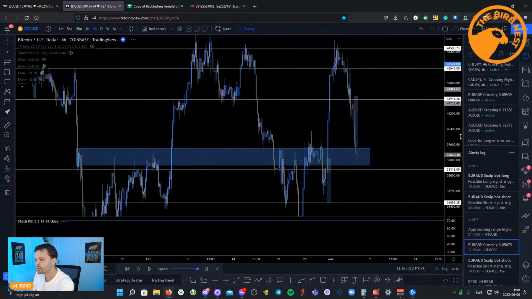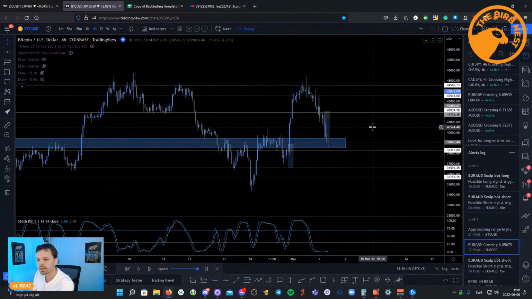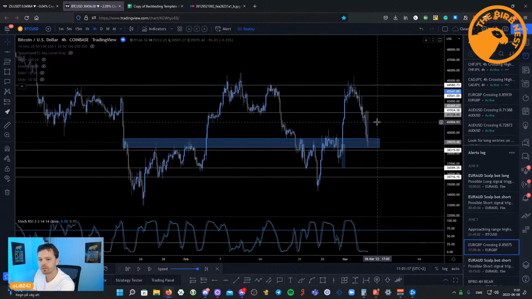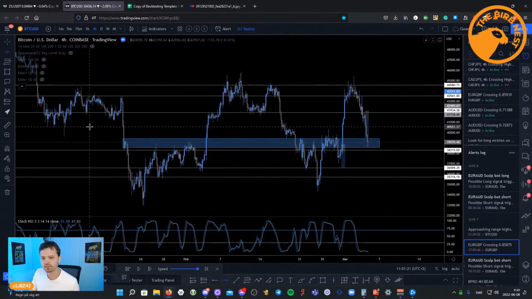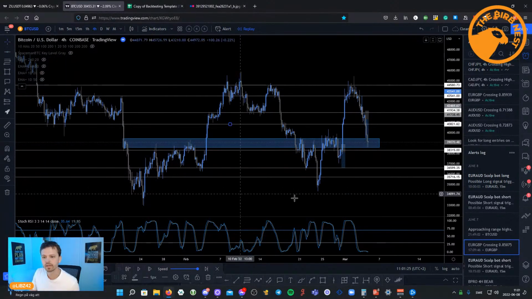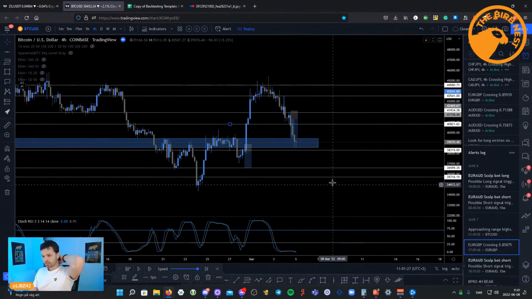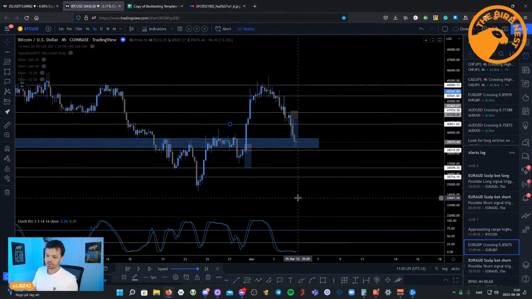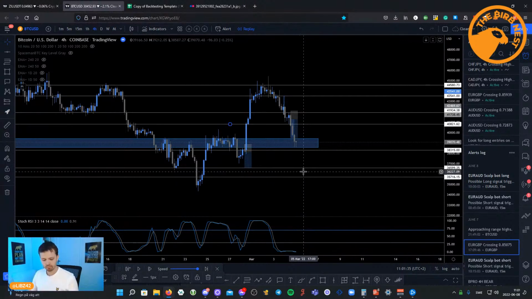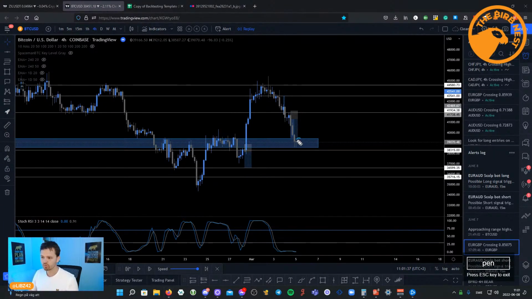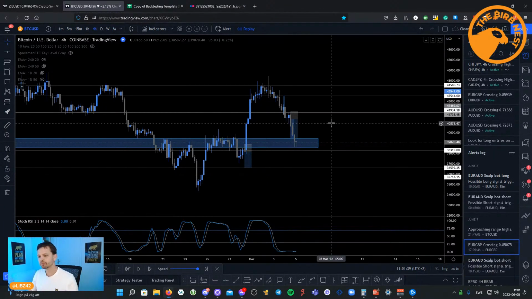And now we're reaching a support area again. So we're going to be looking for longs, and our target for this long would be at the next resistance area above, and let's give it some extra room. So we're probably going to be putting it somewhere here. So what we want to see now is stochastic RSI in the oversold territory on the 4 hour and the 1 hour, and the best case scenario, we get a 4 hour bullish engulfing right here.